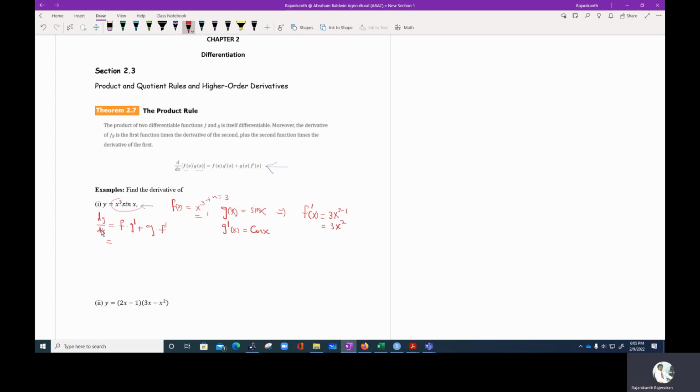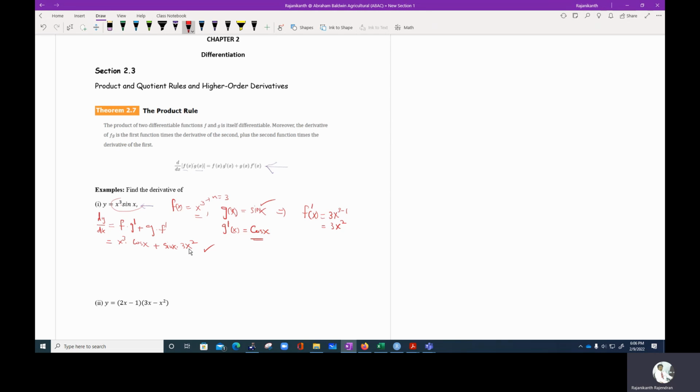So the derivative of the given problem x cubed times sine x is f times g prime, so f is x cubed times g prime, which is cosine x, then plus g times f prime. g is sine x, times f prime, which is 3x squared. So that's the answer of the first problem.